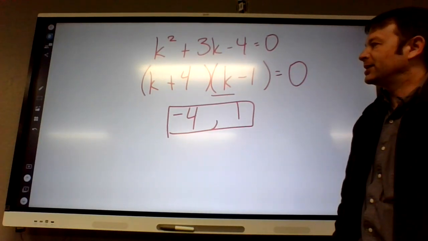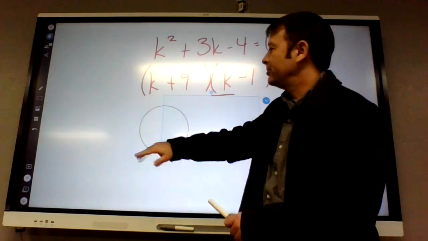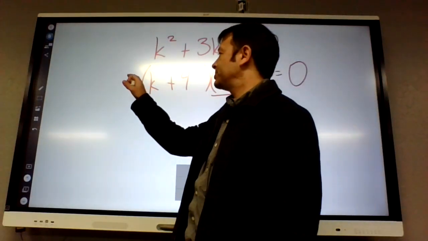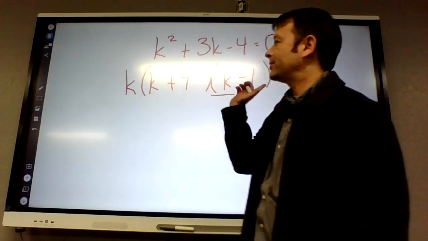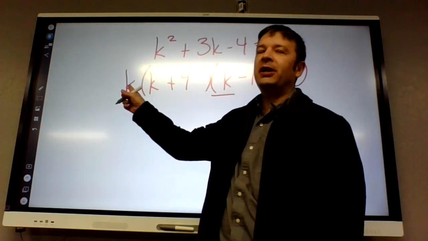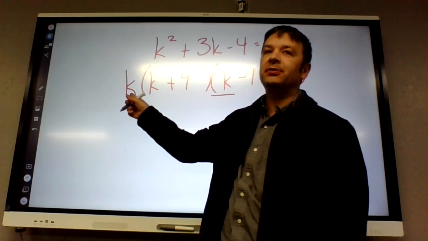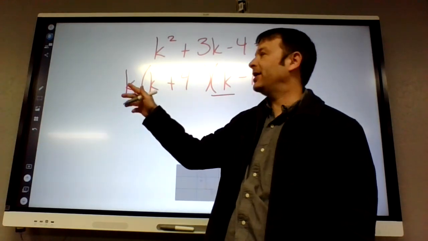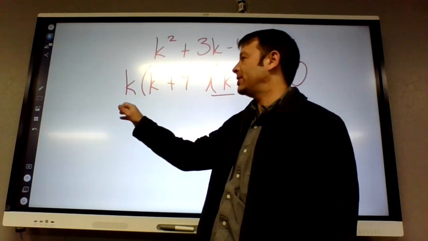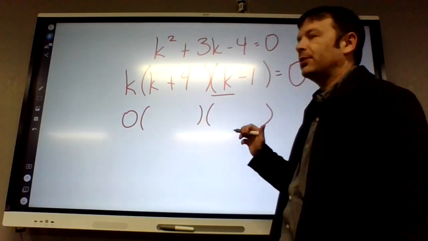Okay, remember how on the worksheet we took some stuff out? Let's say I had taken a k out before I factored it like this. What k value could I put here to make the whole thing equal 0? 0. So if there's a k on the outside, or an x, probably going to be an x, and you put a 0 out there, it doesn't matter what this is, it's all going to be 0.